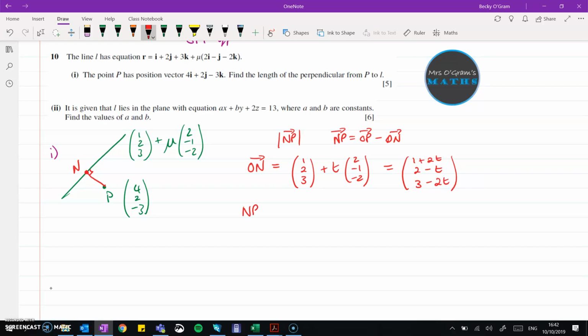So then NP will be to go from N to P, doing the OP minus ON. So OP, that was (4, 2, minus 3), and take away what we just worked out as ON.